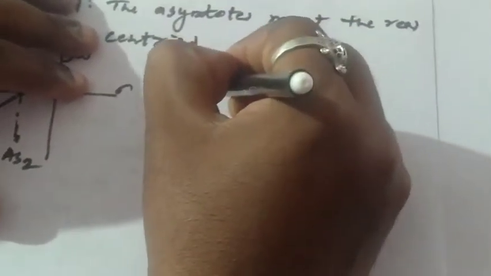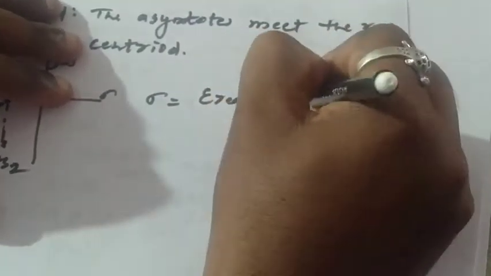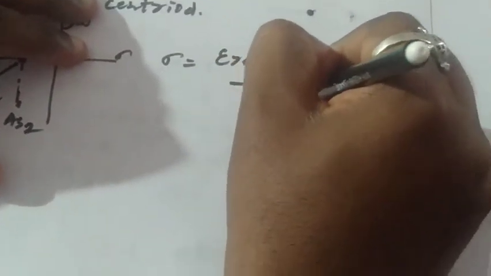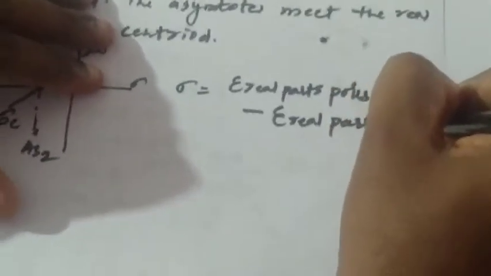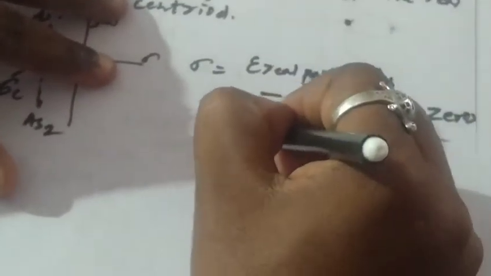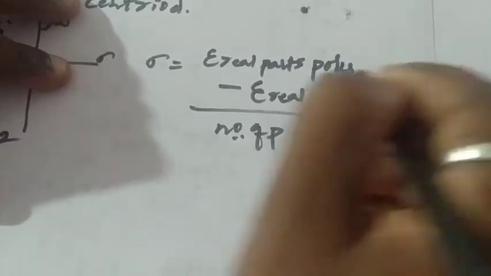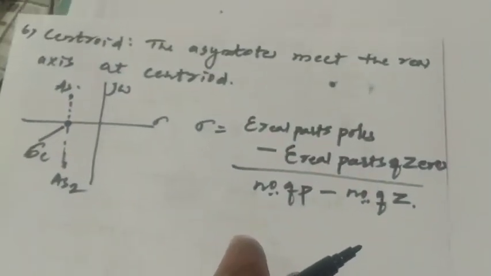Now the centroid can be calculated as sigma equal to the summation of real parts of poles minus the summation of real parts of zeros, divided by the number of poles minus the number of zeros, P minus Z. How are you going to calculate it?